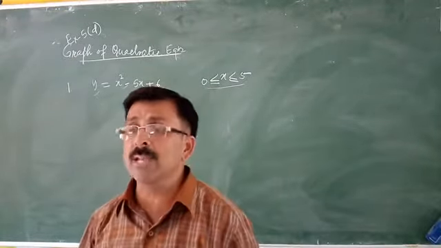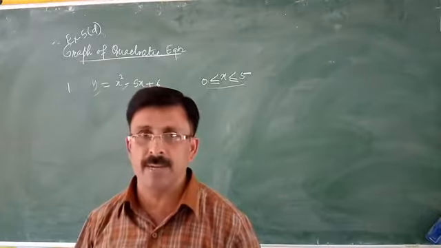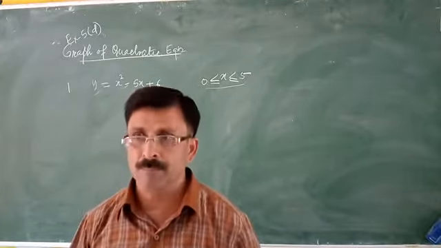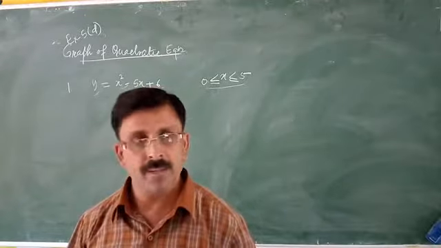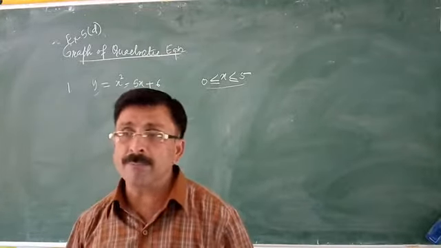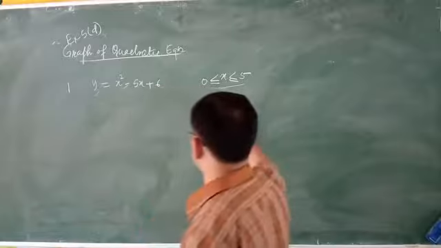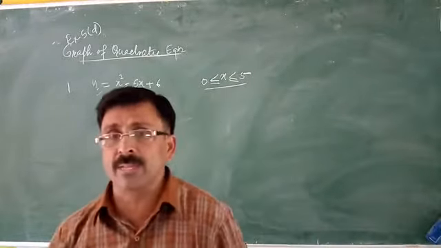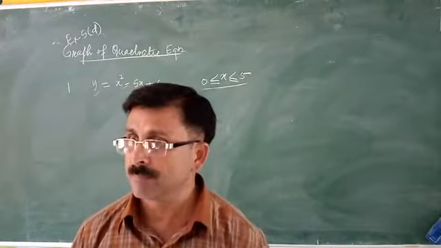We can choose any value for x because it is independent. So we can select any 5 values of x. We have this freedom when this limit is not given, then we have full freedom to choose any value of x.